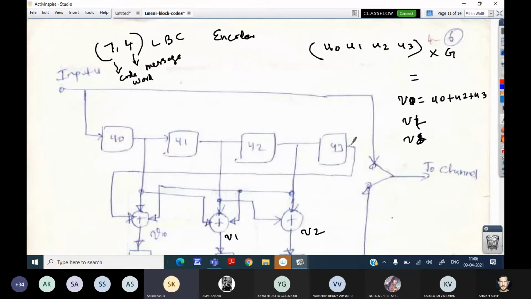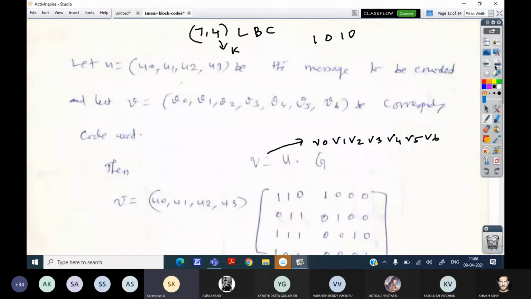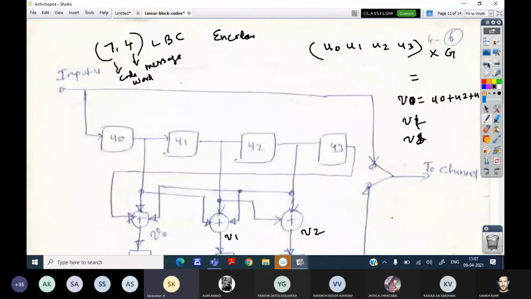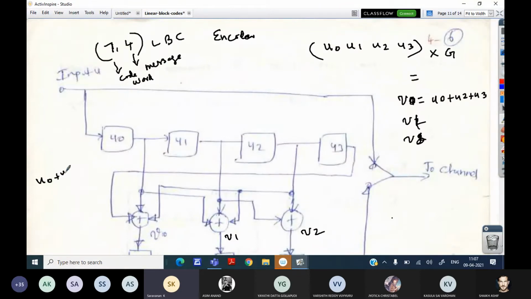Next, we are going to generate the parity bits. How do we generate a parity bit? We know V0 in terms of U0, U1, U2, U3; we have already obtained the equation. What is our first equation? U0 plus U2 plus U3 is nothing but V0.